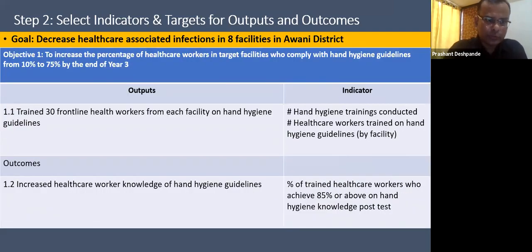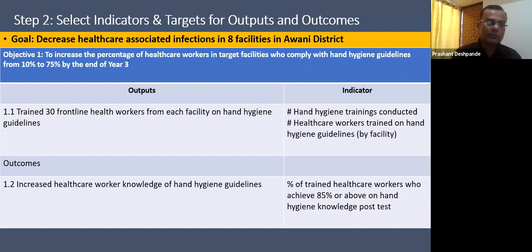So if our output was to train 30 frontline health workers from each facility on hand hygiene guidelines, now our indicators could be number of hand hygiene trainings conducted, and number of health workers trained on hand hygiene guidelines.